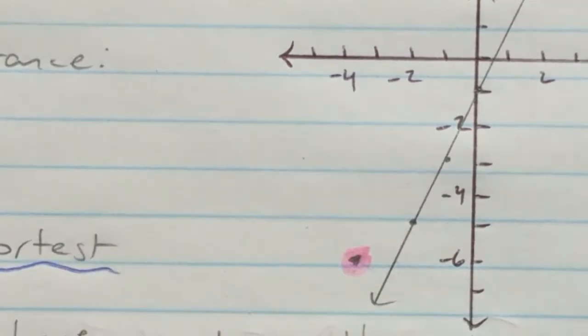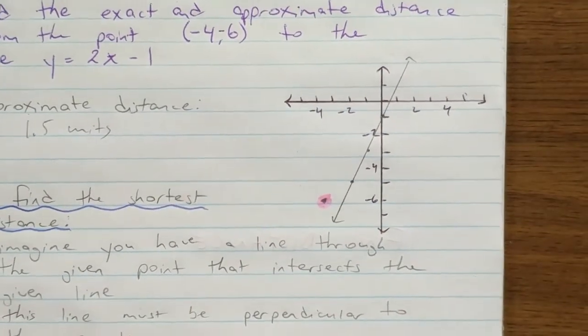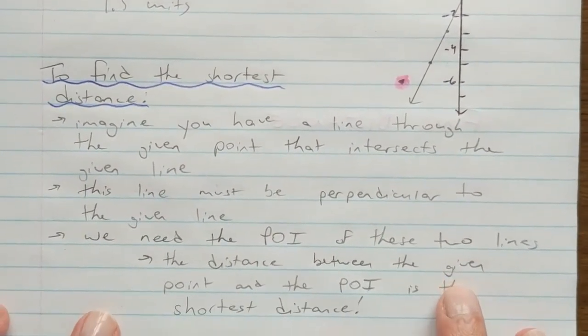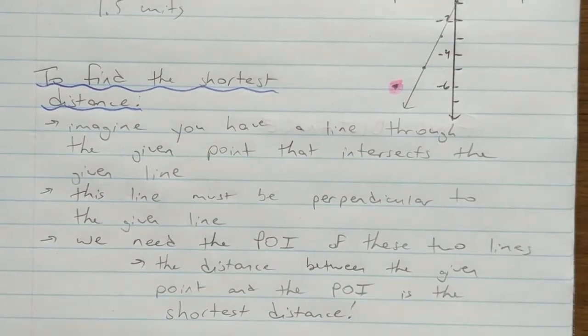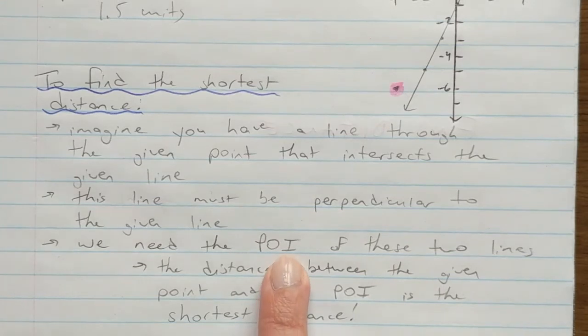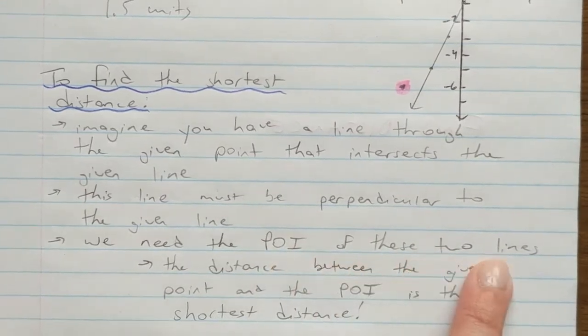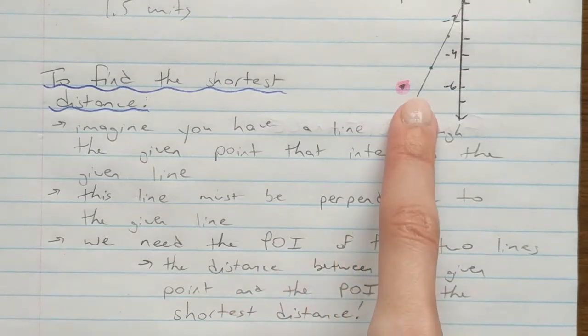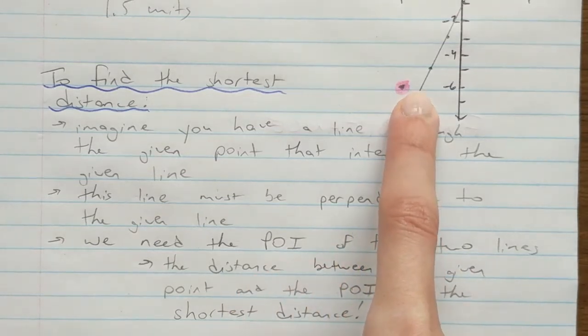Okay, so as I said, the new line that we are going to be creating here has to be perpendicular to the line that you have been given in the problem. Then we need to find out what the point of intersection is of these two lines. The point of intersection, as we can imagine, is going to be somewhere right about here.